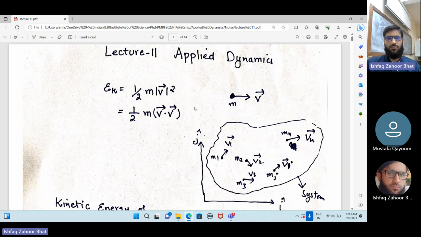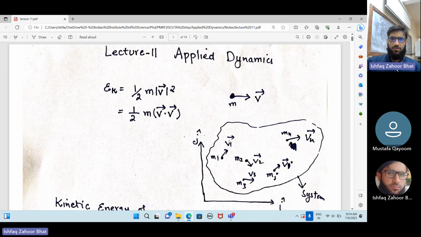In today's lecture, we will first define the kinetic energy of the system, and then discuss the Lagrangian approach of solving the problem. And finally, if time permits, we will discuss the rotation of a 2D rigid body.